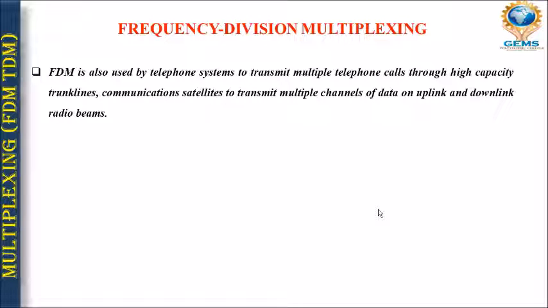So basically FDM was used in satellite communication, where we can transmit multiple channels of data on the uplink and downlink of the radio beam.